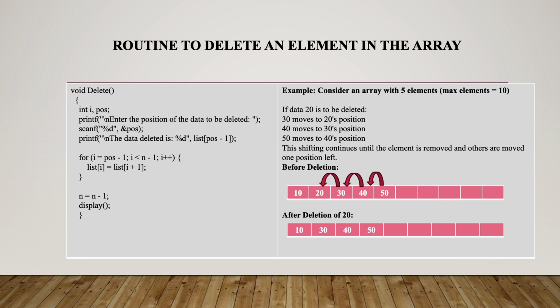So this shifting takes extra time, am I right? And makes deletion a costly operation if the list is large. So while deleting from the end is quick, any other position requires more work.